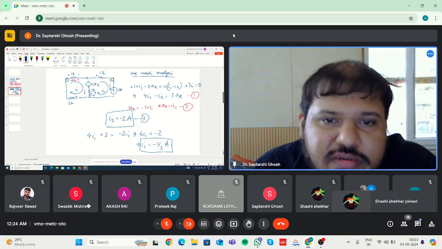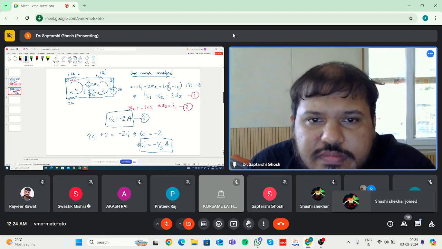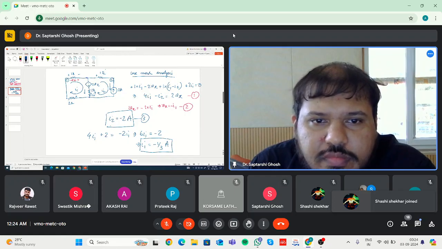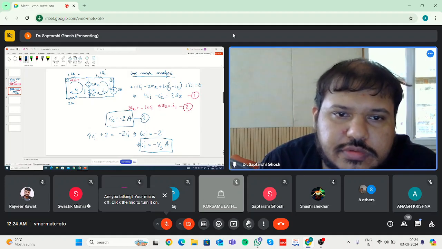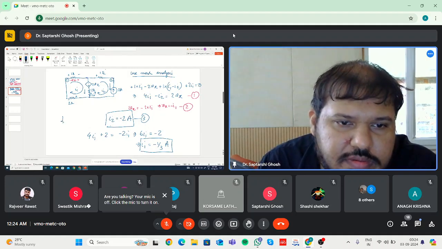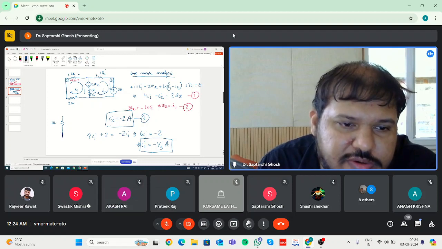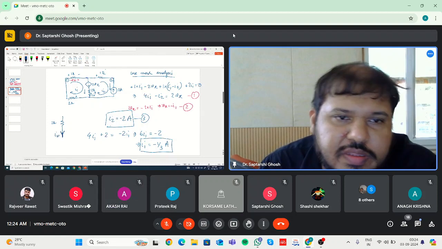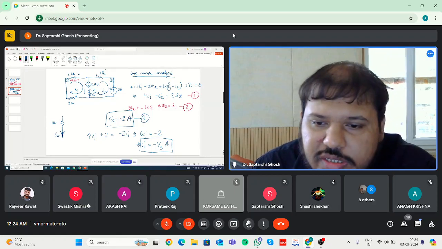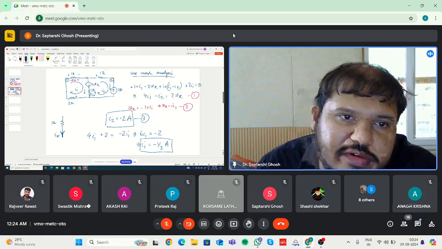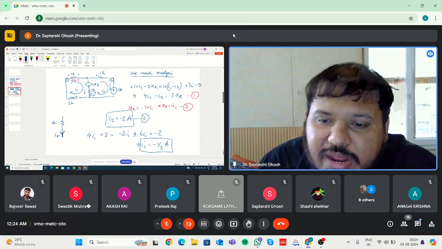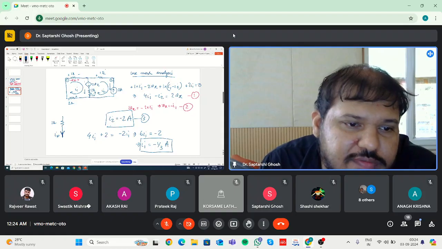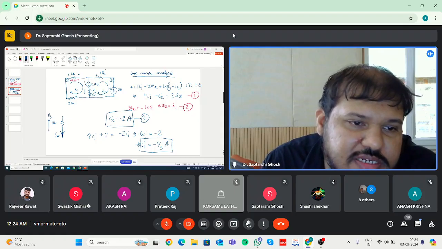Now the net current. This is your 1 ohm resistance. You have to find out the current flowing through this, IB. Now I1 is minus 1 by 3, and you have considered clockwise direction, that means from top to bottom, but since the minus sign is there, the current will be flowing like this, that is 1 by 3 ampere.